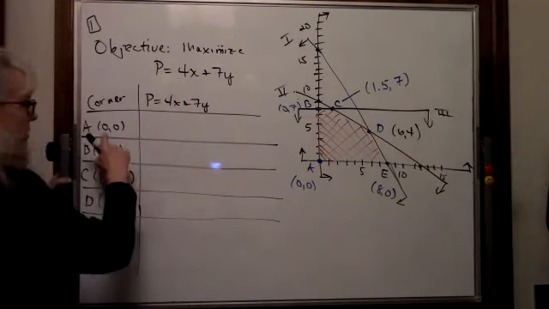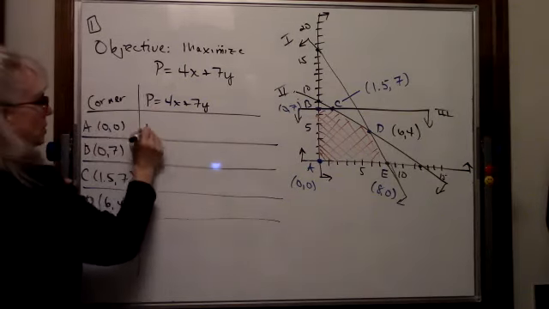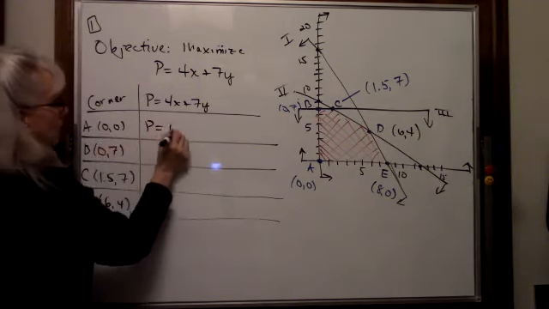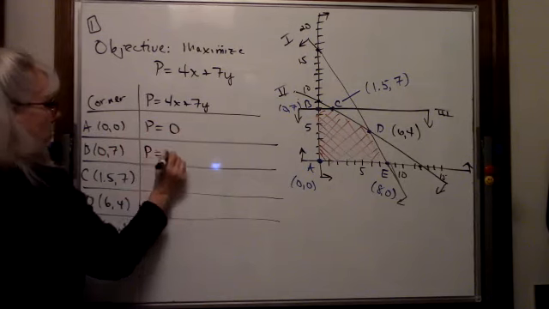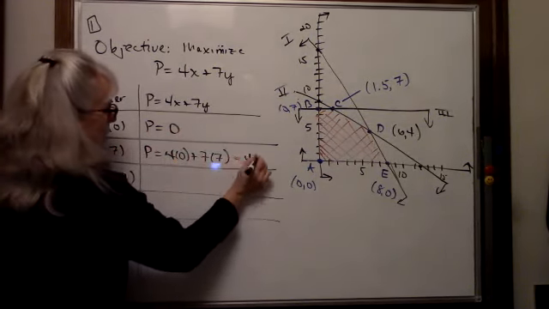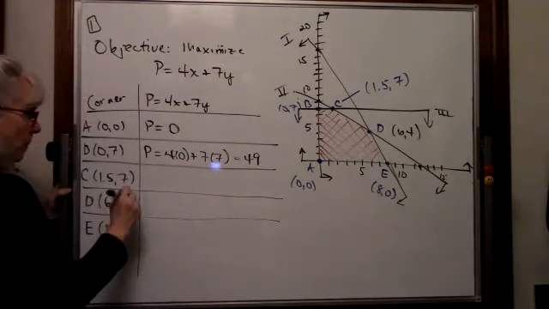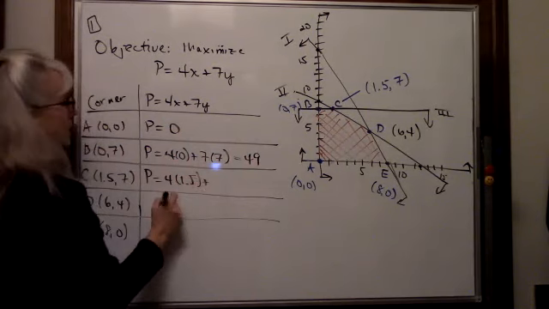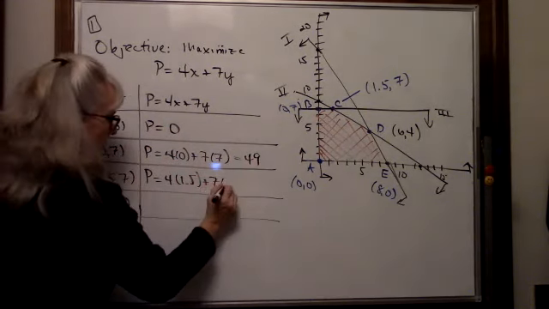We're going to plug each one of those sets of x and y coordinates into the profit function. So when we have no x and no y, the profit is 0. For B it would be 4 times 0 plus 7 times 7, which is going to give me 49, usually in dollars. Down here we'll have 4 times 1.5 plus 7 times 7.